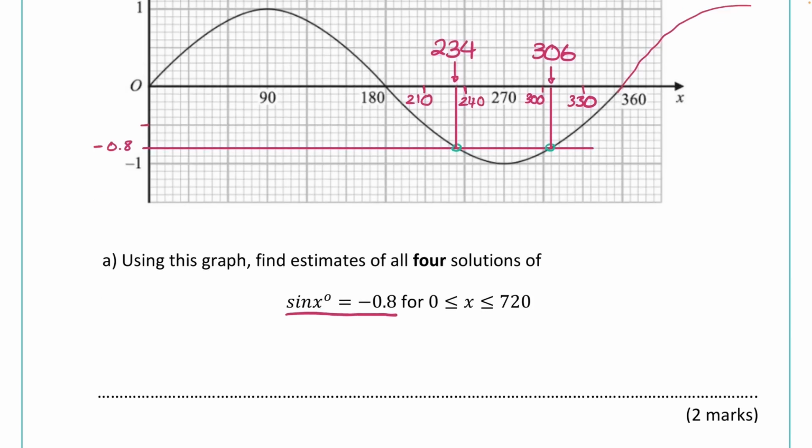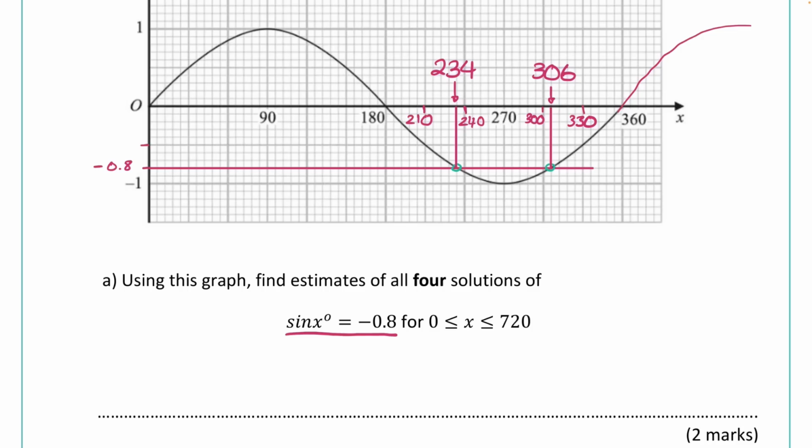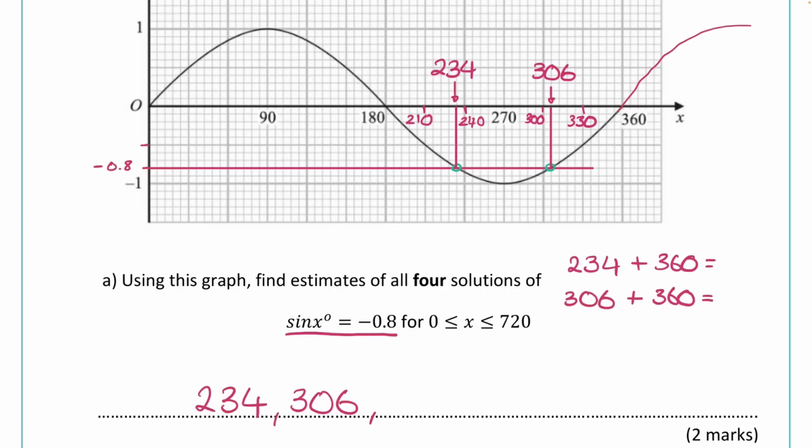So to get our other 2 solutions here, we would take the 234, which we already have, and the 306, and we are going to add 360 to both of those. So 234 plus 360, and also 306 plus 360. And that's going to give us our other 2 solutions.